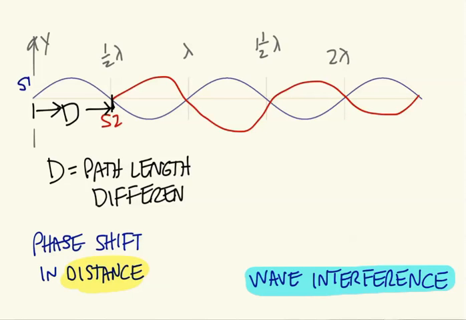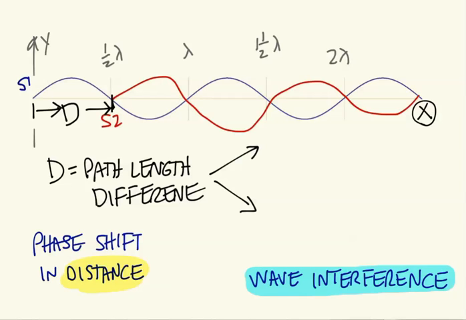And the idea is this. If you do have, let's say, a listener or an observer that's over at this location here, you could see that the distance that the sound travels from source to observer is different by the amount of the path length difference. And it turns out this path length difference can give you either one of two results, at least in even amounts.